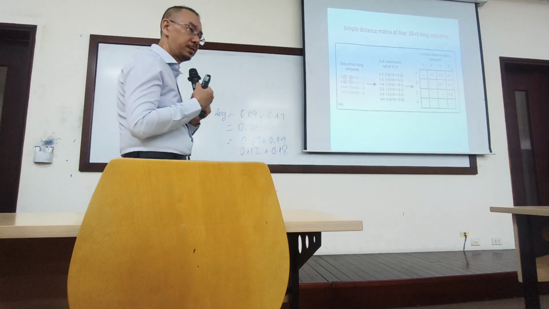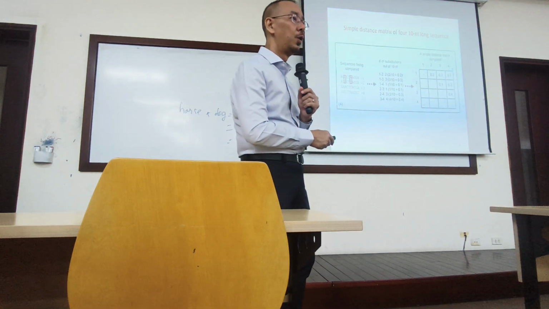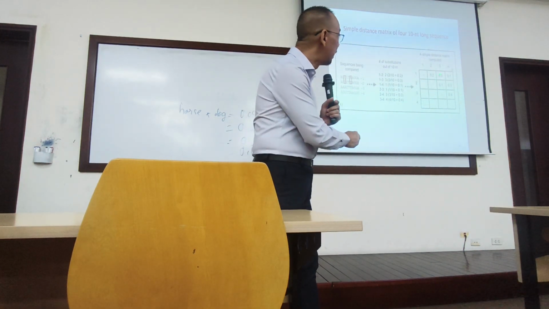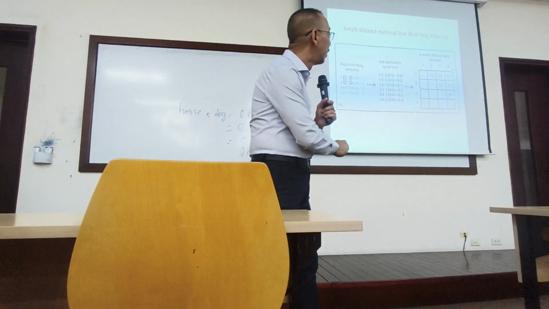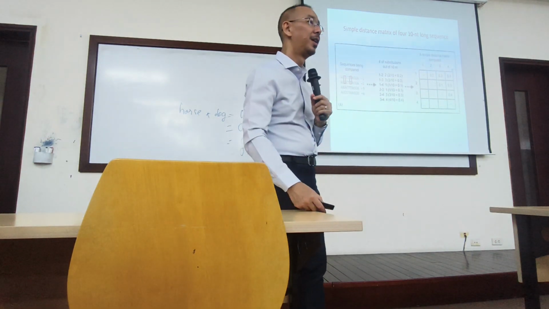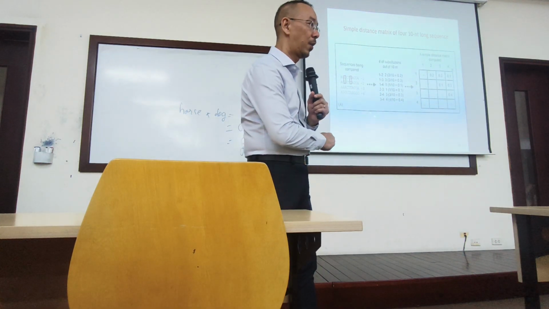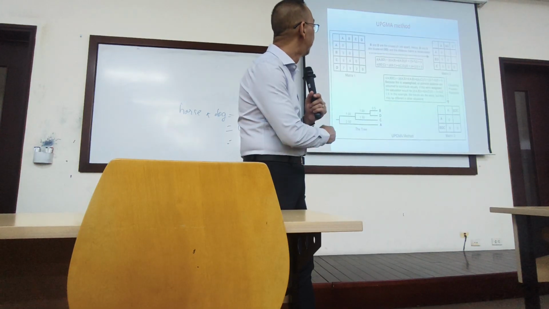The smallest values show the closest relationship between them. So based on this, we will put 1 with 4, 2 with 3. That's an example of how to calculate the distance, and continue.